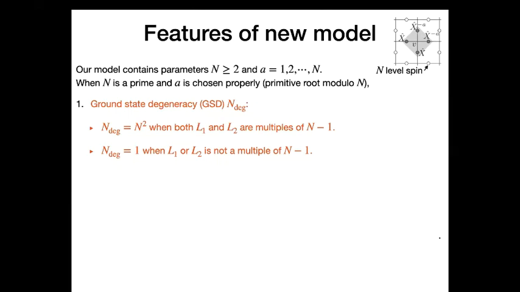When both L1 and L2 are multiples of n-1, then the ground state degeneracy is n squared. However, when L1 and L2 are not multiples of n-1, then the ground state is unique. So this is the most surprising feature of this model.